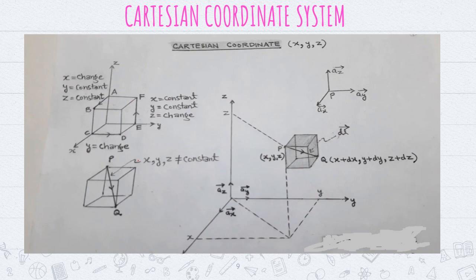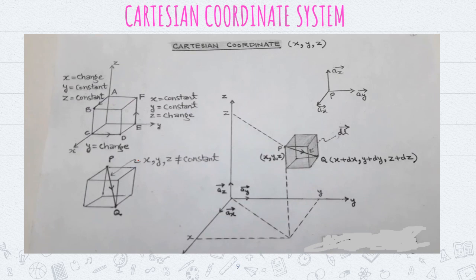Next I am going to tell you the unit vectors for the Cartesian coordinate system. The unit vector is very important because electromagnetic fields are entirely vector fields, so the unit vector plays an important role while solving problems.